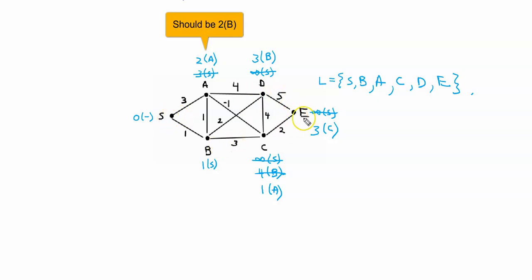For example, to get from S to E, the best path would be to go, we just sort of have to read this backwards, E to C, C to A, A to B, and then B to S. So the shortest path would be to go from S to B to A to C to E. And if we add these up, we should get a weight of 3.